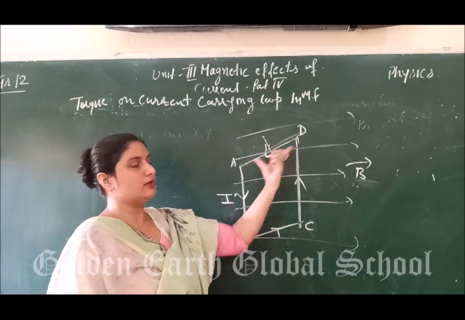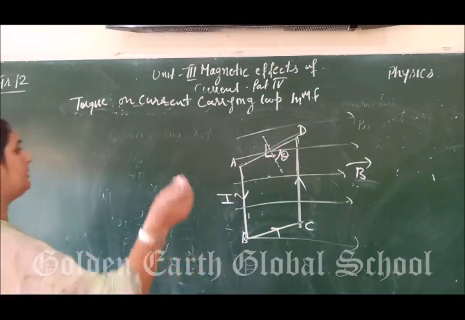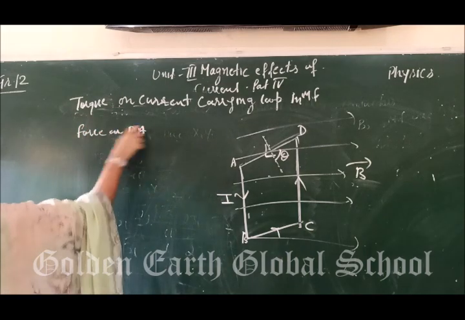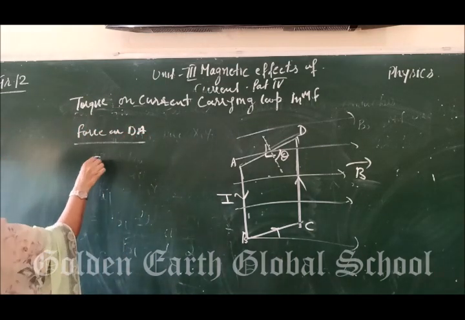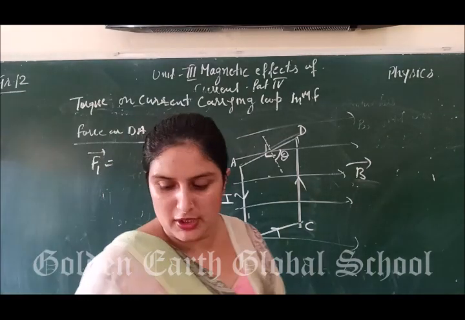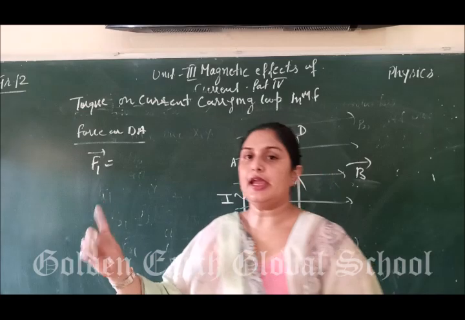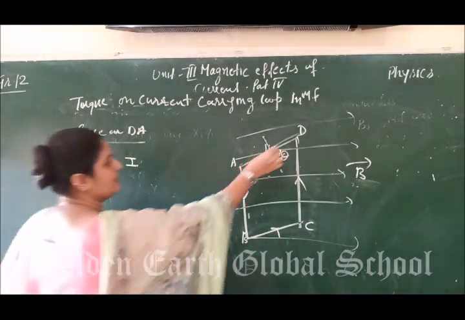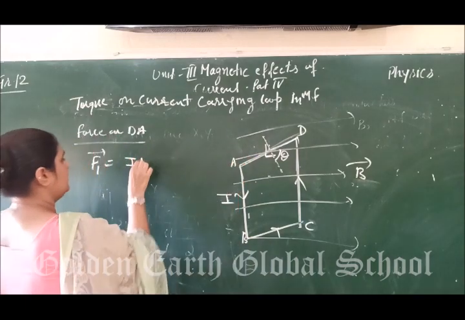Firstly, I am going to calculate the force acting on the arm DA. Force on arm DA, name it F1. F1 is given by I L cross B, that is, I DA cross B.